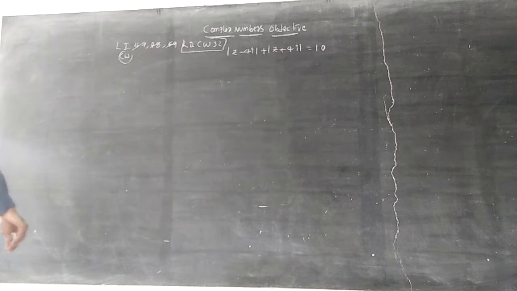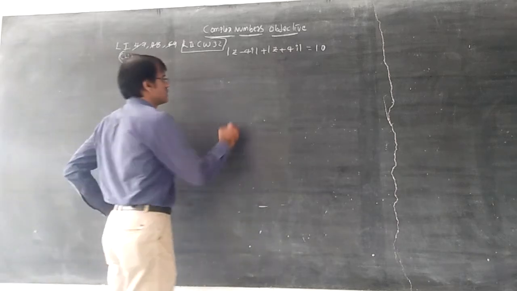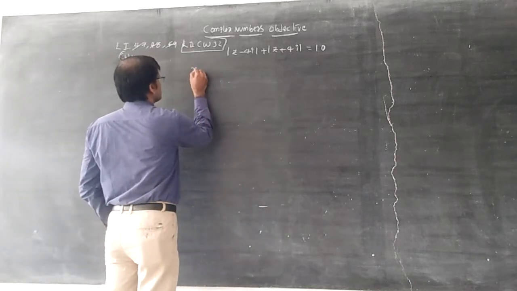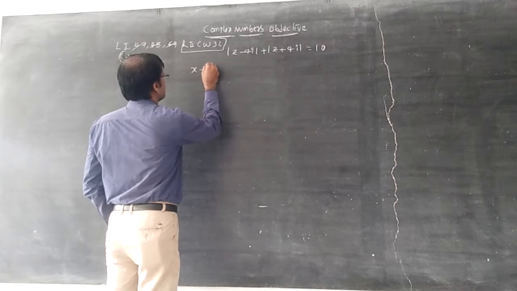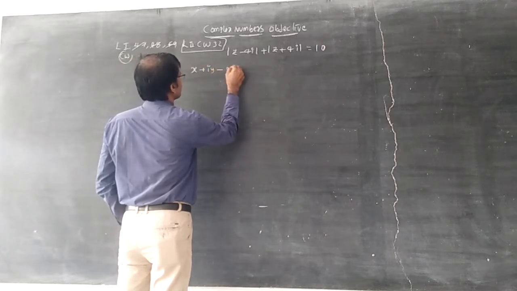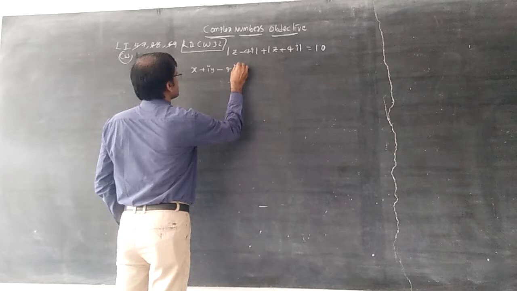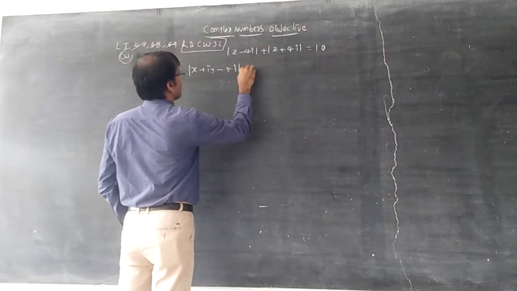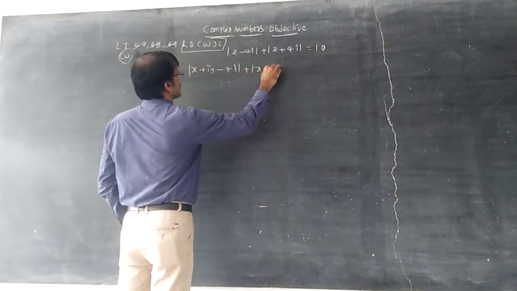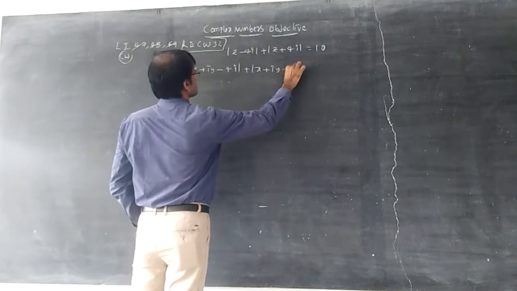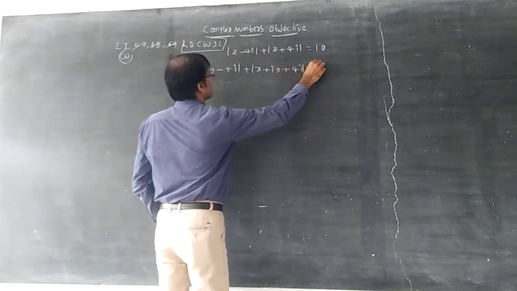But whatever the equation of the ellipse is, we should calculate. It depends upon coordinate geometry. We should use the standard equation of the ellipse. Here, modulus of x plus i(y minus 4) plus modulus of x plus i(y plus 4) is equal to 10.